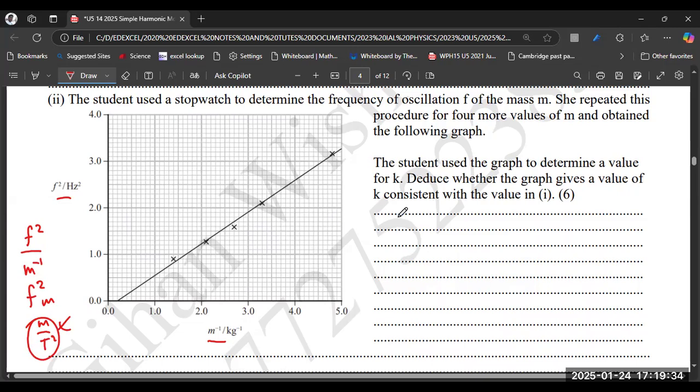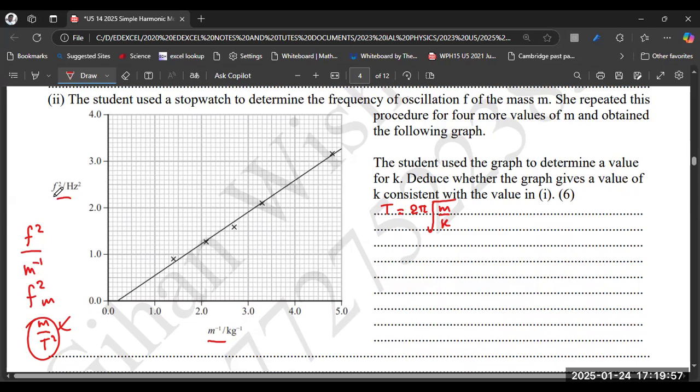I'll start with the equation. T equals 2 pi square root m over k. Without this start, we will never be able to go for a particular idea.